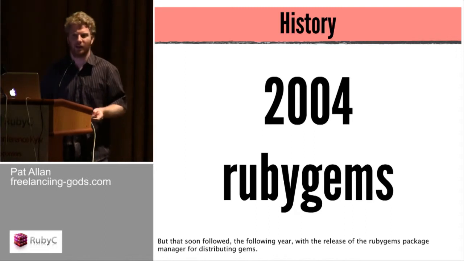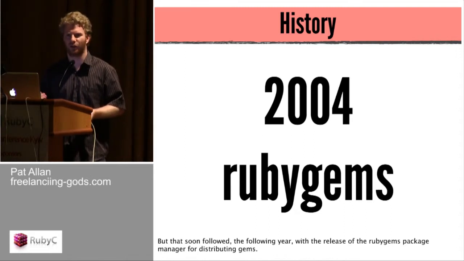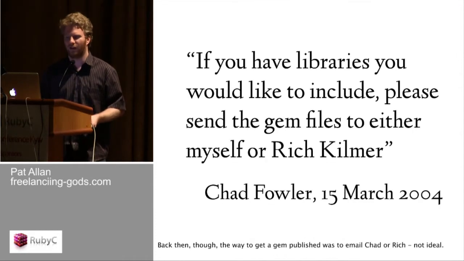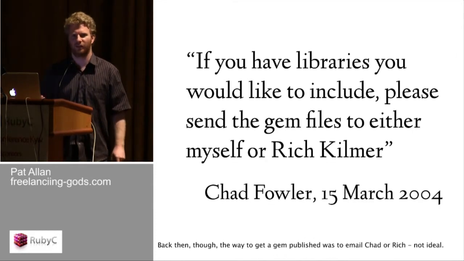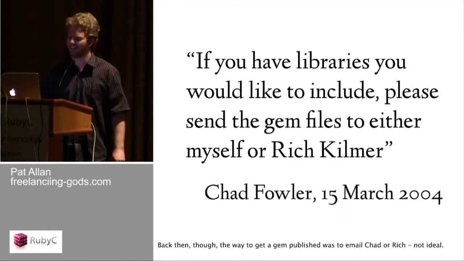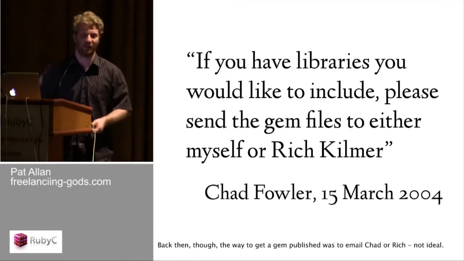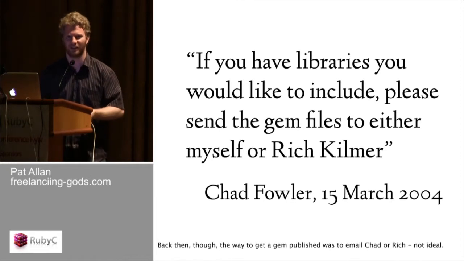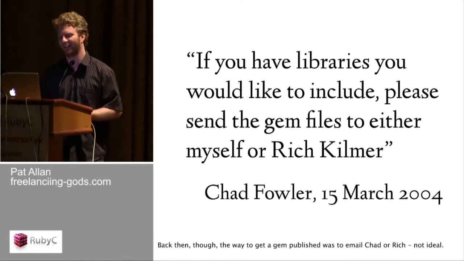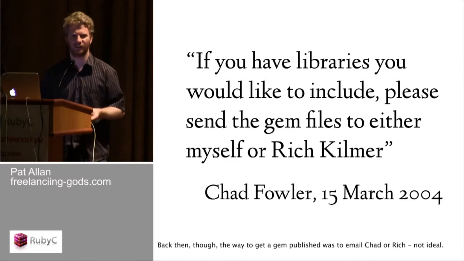And that was great. But to get your code out there, you had to email your gem code to Chad or Rich, which, you know, I'm sure it was a fantastic thing back then, but it was still a little manual and a little far from ideal.